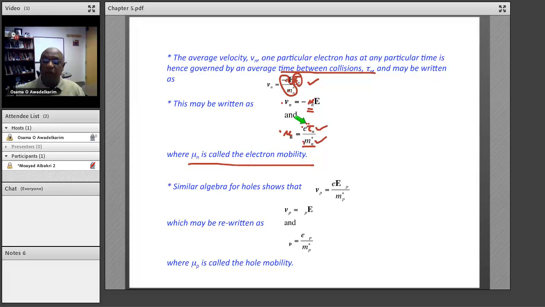It's the same thing as a crowd coming out from a football game. If you have heavy people in this crowd, then they move slower. So their mobility is less. If the number of people in the crowd is smaller, so they have more space between them, then the average time between collisions is large, therefore they can move easier.